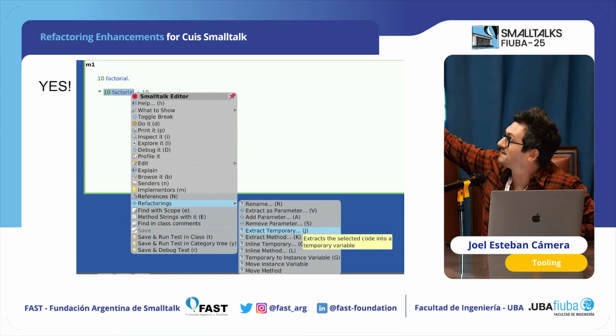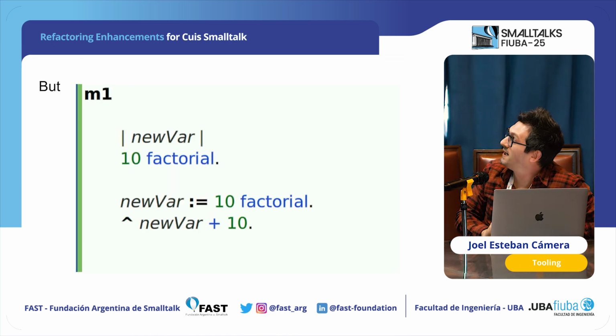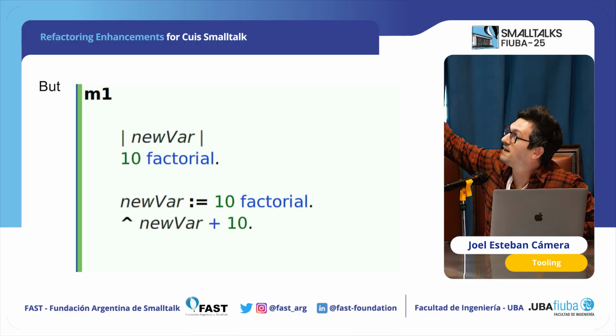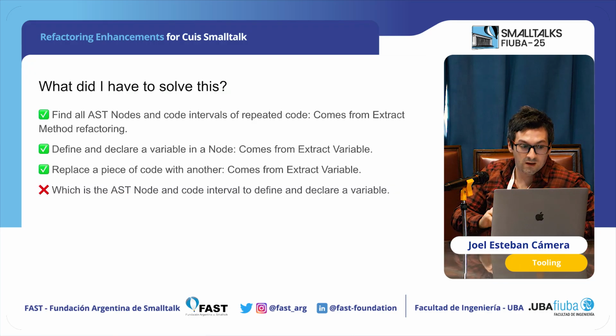So extract temporary exists, and I can extract it, but we have a little problem. It doesn't tell you that there is another 10 factorial above, and that is not very good. It would be good if it told you, hey, do you want to refactor that also? Do you want to extract that piece of code?